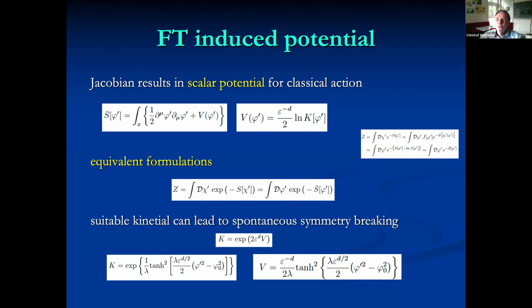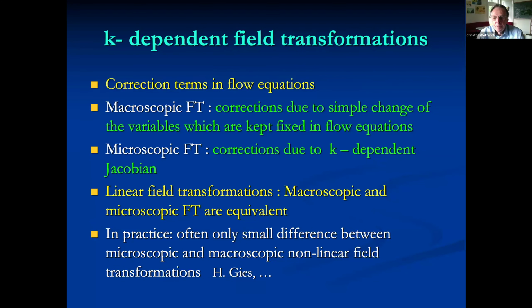You see it once you do your Jacobian, once you do your field transformation, but it definitely does not become a free theory. So the Jacobian in general is not an unimportant part, it can actually be a part that contains a lot of the physics. That was why I used this simple example.